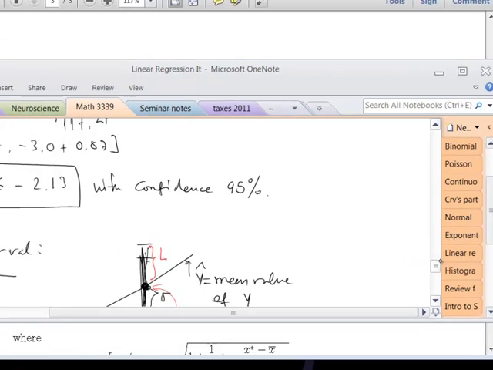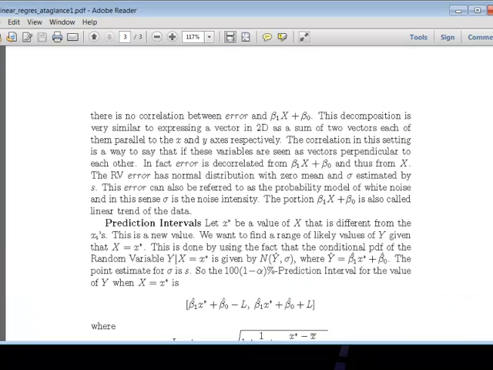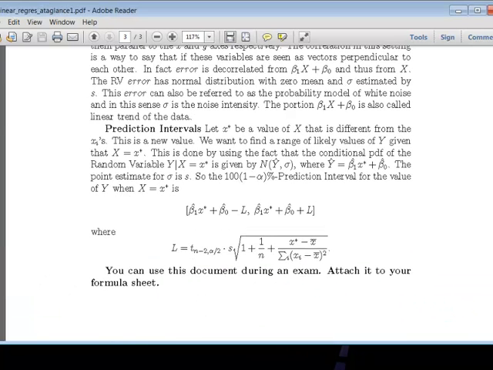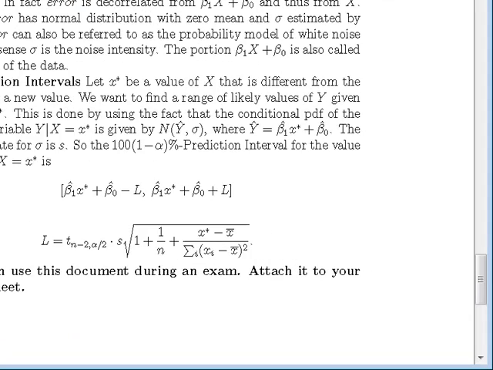And how do we find the L for the prediction interval? This is going to be, again, the 95% prediction interval because we used the alpha to be 0.05. You use this particular formula here for L. So that's exactly how our L is being found.